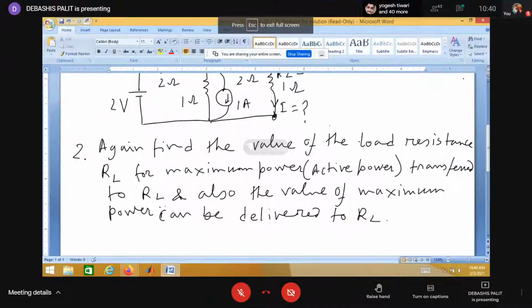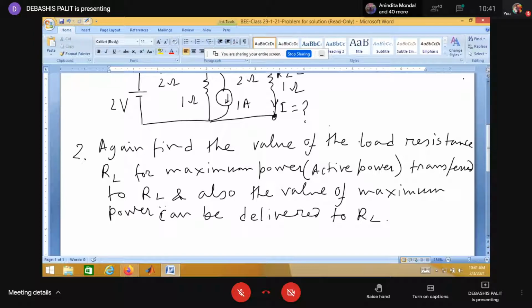Into twice of RL, I square should be measured, considering the network resistance is twice of RL. So I should measure the effective voltage, meaning the open circuit voltage across this load network, divided by twice RL, that will be the current.